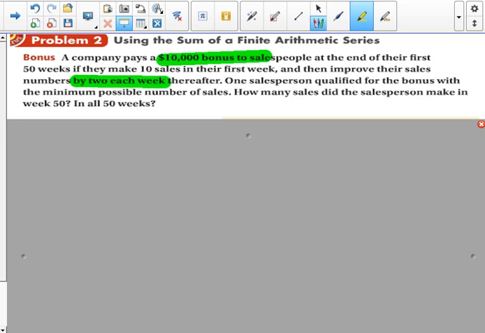One salesperson qualified for the bonus with the minimum possible number of sales. How many sales did the salesperson make in week 50? And then in all 50 weeks.